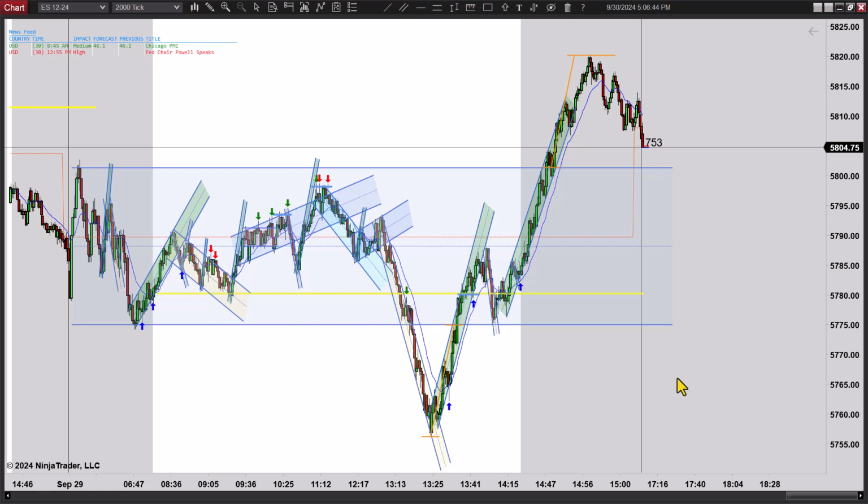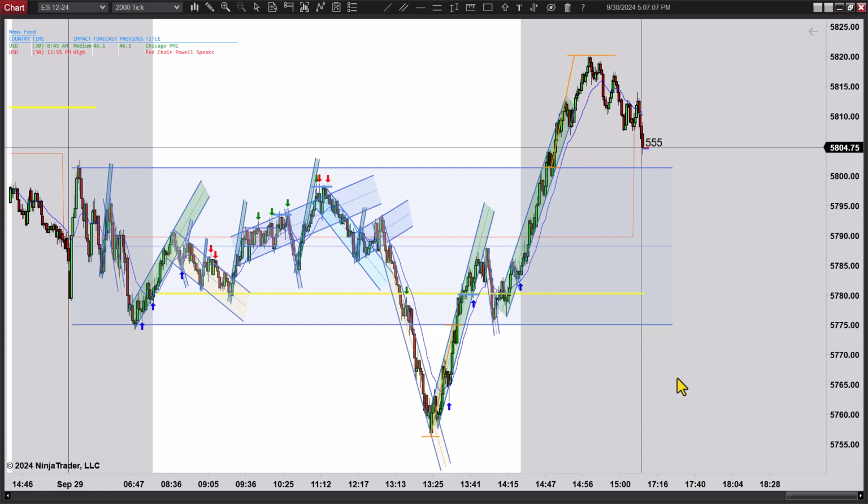Pretty standard range type day with a failed breakout on the lower side, followed by an equal distance failure out the top side. And at this point, both of those breakouts seem to have failed, just like we teach it. It's amazing how many trading strategies you see that tell you to trade with the breakout.